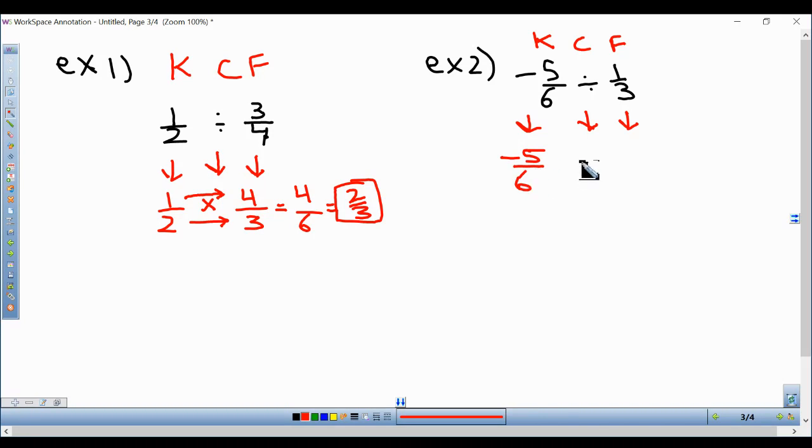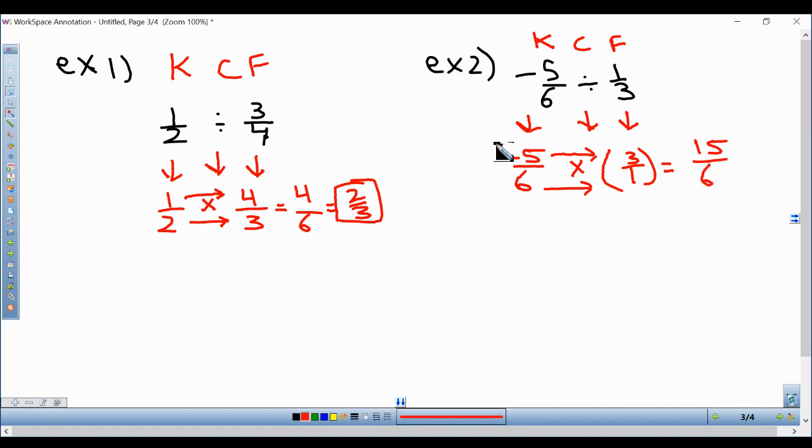We change division to multiplication, and we flip 1/3 to 3/1. So what we have is a multiplication problem. 5 times 3 is 15, and 6 times 1 is 6.